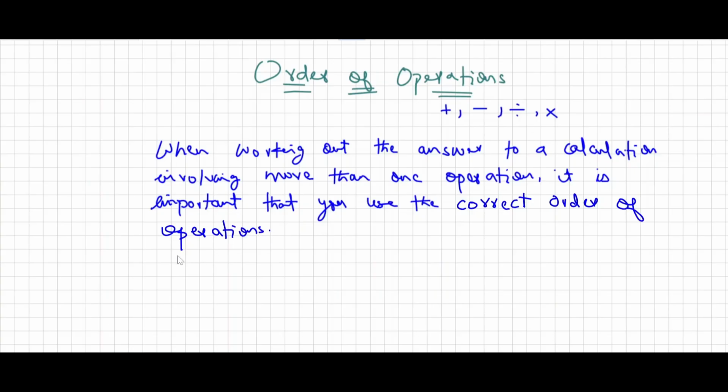So basically, what I'm saying is this: let's see the example, and you can understand the proper way. So in mathematics, there should be some example, and it will elaborate the concept. For example, we have 2 plus 3 into 4.